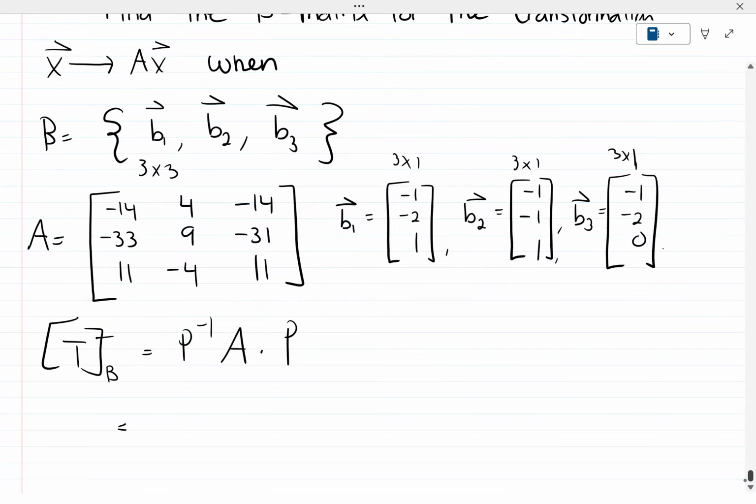Oh, so wait, my P matrix is basically this: B1, B2, B3. And if you put it in the calculator to find the P inverse, you're going to get this matrix. So it's 2, -2, -1. I put it in the calculator because I cannot show you, it'll take too long, right?